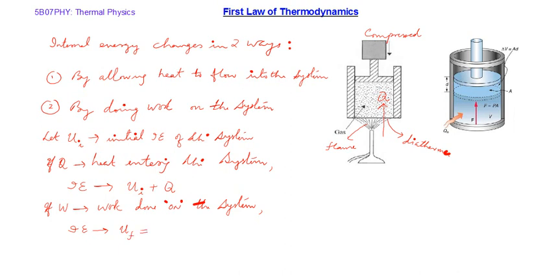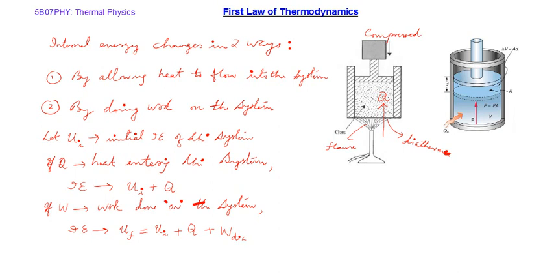That will be equal to Ui, which was the internal energy to begin with, plus the heat that has flown into the system, Q, plus the work, diathermal work, that has been done on the system.